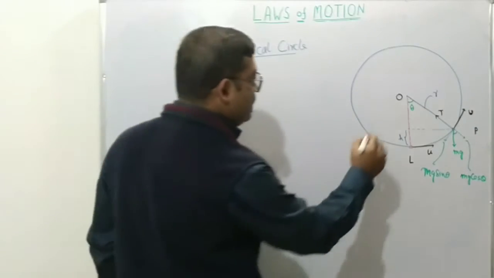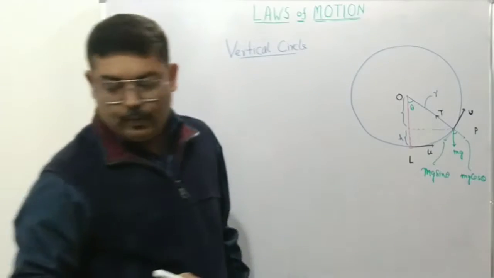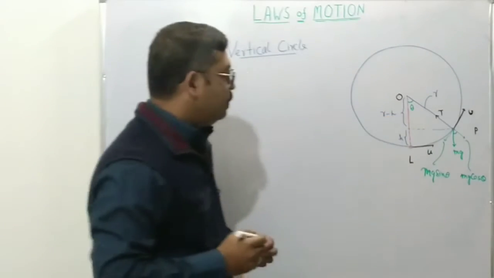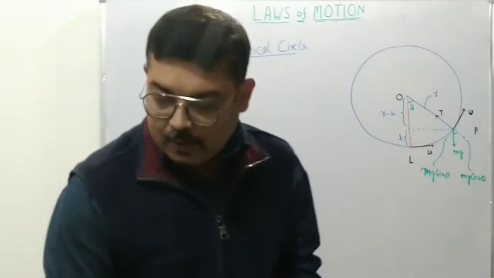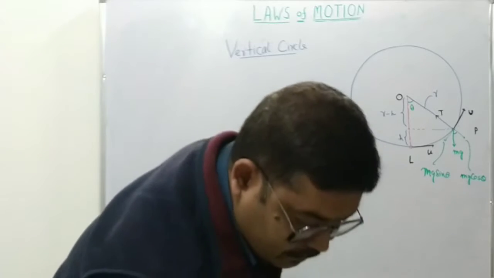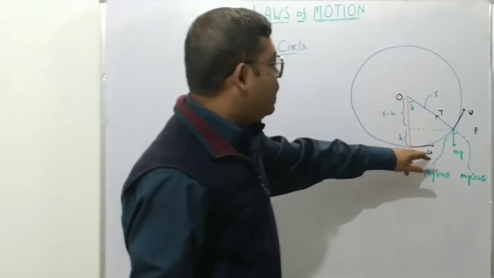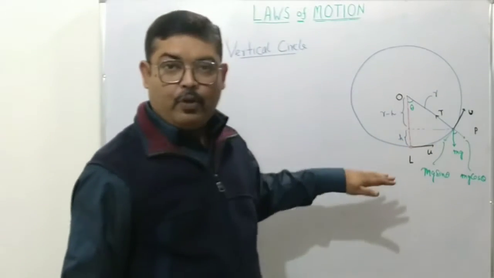Okay, so this distance from O to this point will be r minus h. Clear till now? Okay. So now what we have seen is that initially the object was here, it was given a certain velocity, and let's consider it as the ground level, the lowest point.